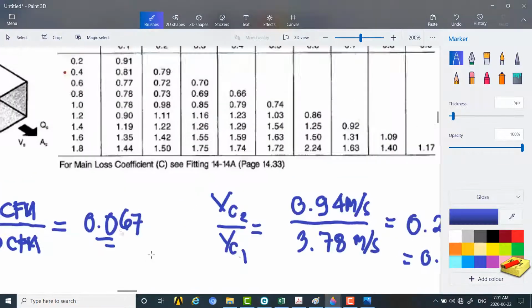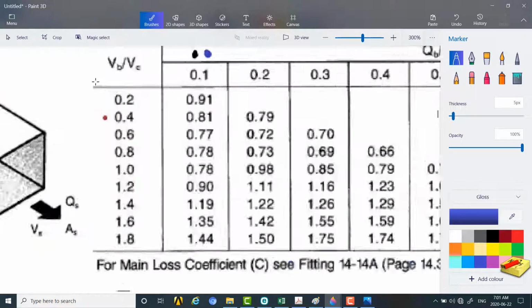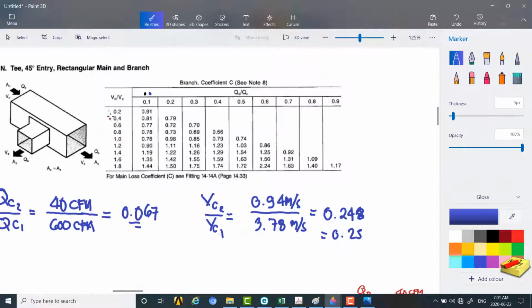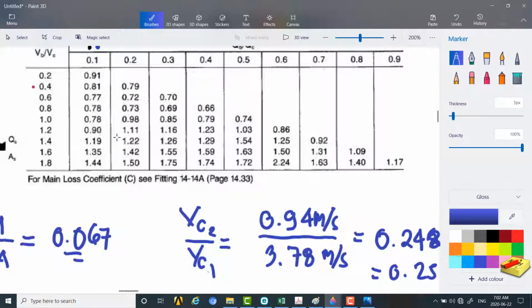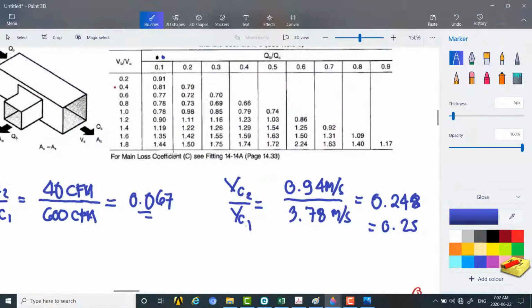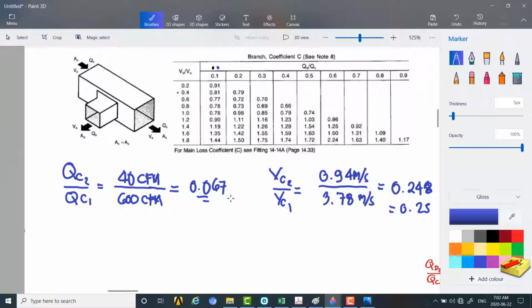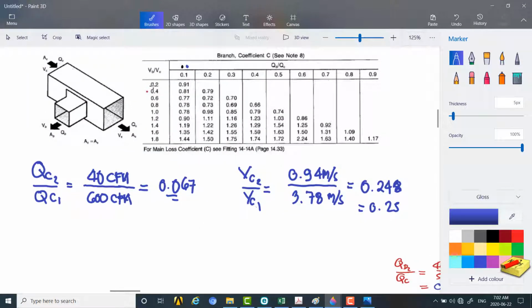Okay, so from here we have only the value of 0.2 to 0.4. Since this one is in between, we can also interpolate the value from this one to this one.